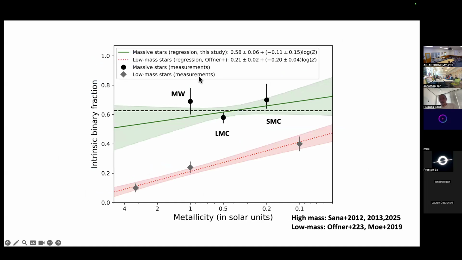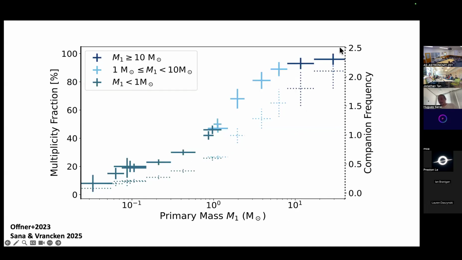The difference between this result, 70%, and that result, like 95% or 100%, is the fact that in the previous image, we stopped at a period of 10 years. And in this diagram, you are allowed to go to much larger periods that add another 20%.